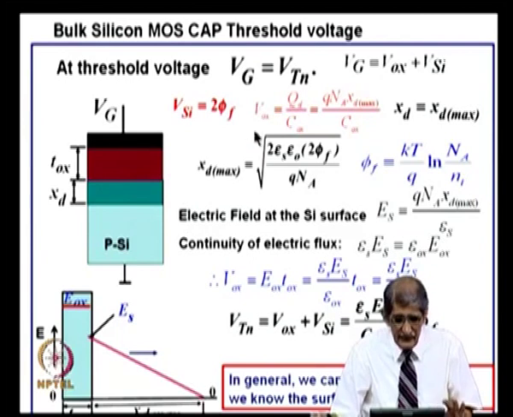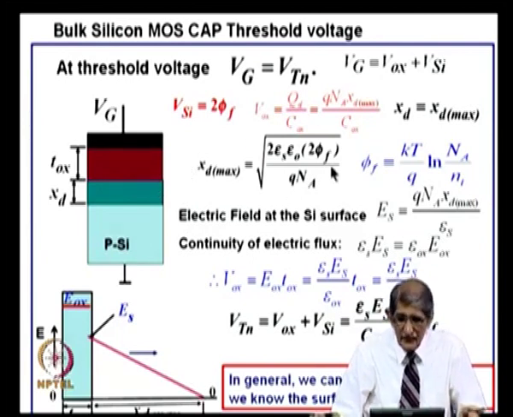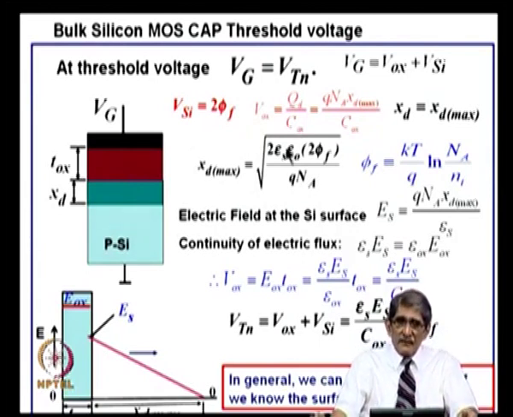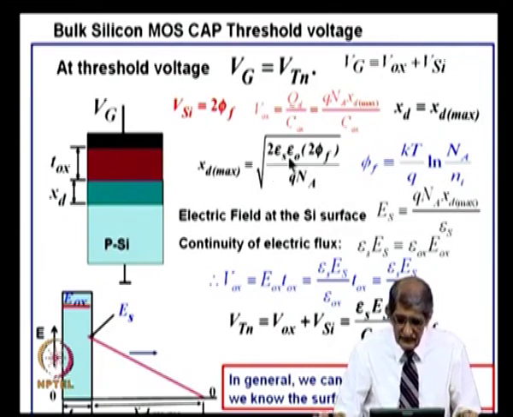And once twice phi f is the drop in silicon, you know how much the depletion layer width is from this formula. Surface potential twice phi f, so the depletion layer is this much. Once you know the depletion layer width, you can find out the voltage drop across the oxide, that is this one. Charge in the depletion layer is Q equals N A into X T maximum, divided by C oxide is the voltage.